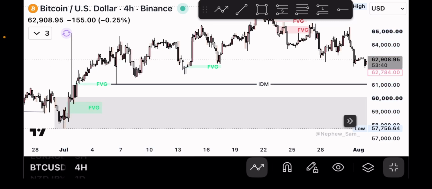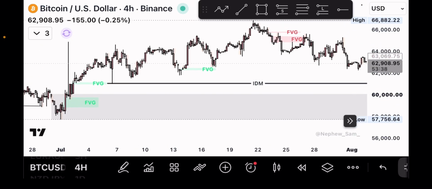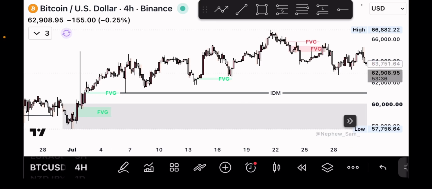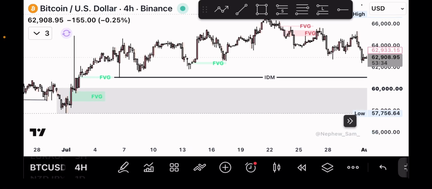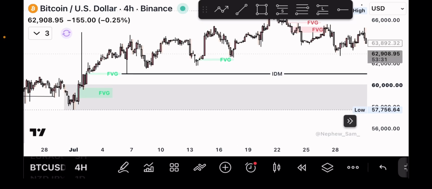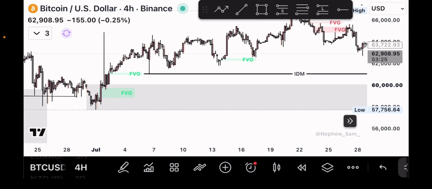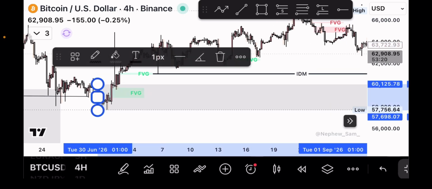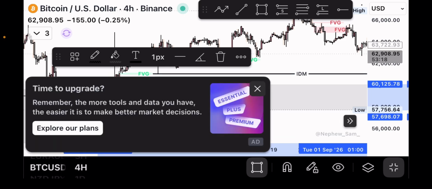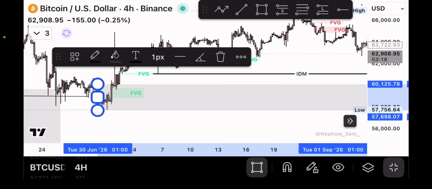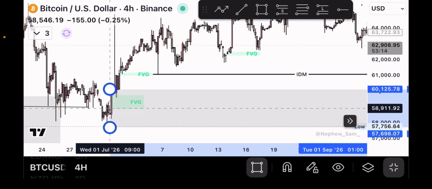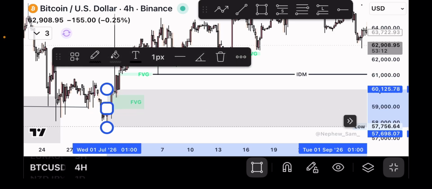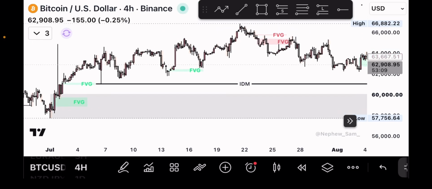So after marking all that, what we want to do is to refine the candlestick. You can also refine the candlestick to the last candle. But another thing, if you refine the candlestick too much, you might miss out when price gets to that level. Price might not get to your entry. So I'll just leave it like this.